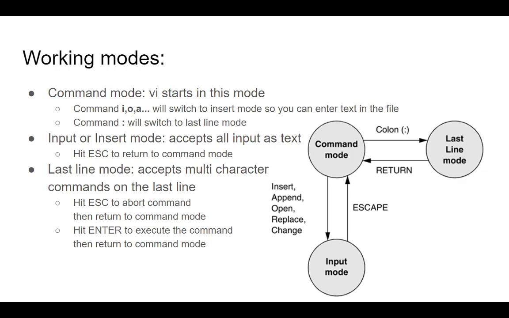When you're in insert mode, anything you type will be input as text into your file, and then you need to hit escape to return to command mode. And then from command mode, you can also go into last line mode, and last line mode is just a series of extra commands, but they start with a colon, and you can see them. The nice thing about last line mode is I can see what's happening, whereas with command mode, it's just keystrokes. So this is a very useful editor.